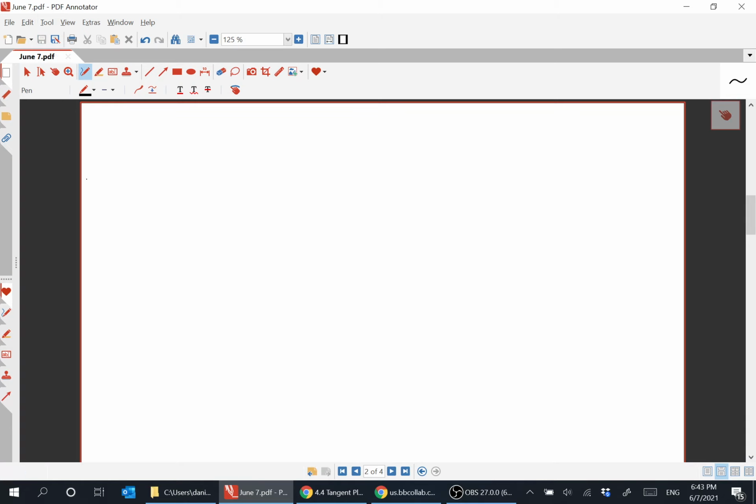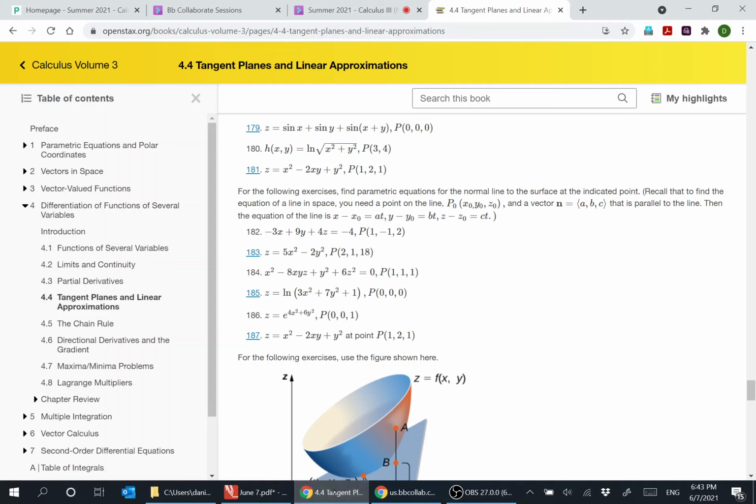Alrighty. 184. Same problem, I guess. Find the parametric equations of the normal line of the surface at the indicated point. So with 184, you cannot solve for z.